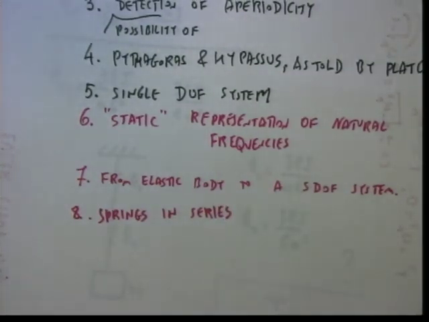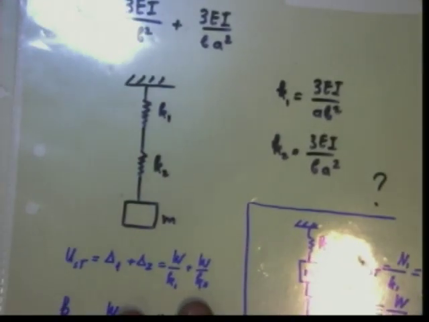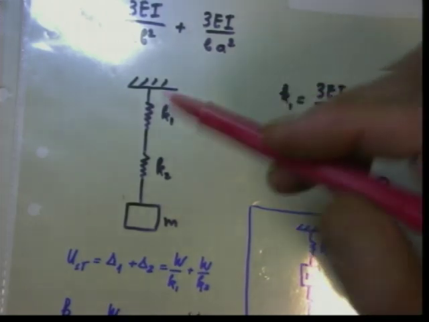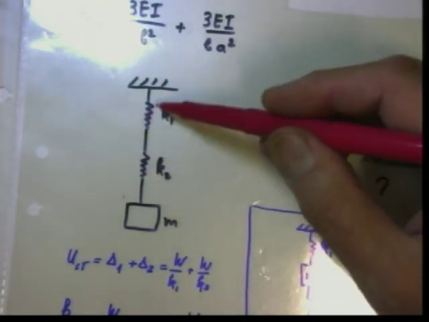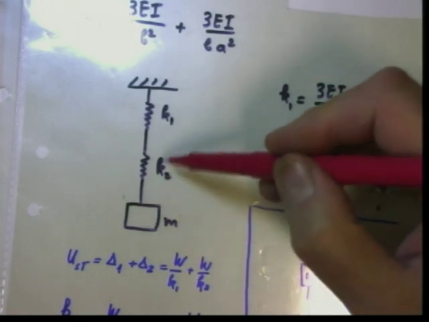So now we deal with springs in series. I have two springs connected in series and a mass applied here. I would like to replace it by a single spring.